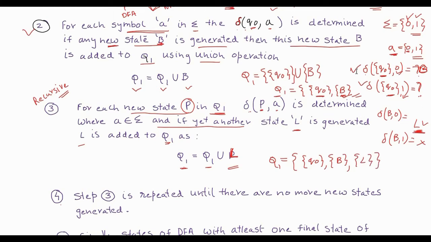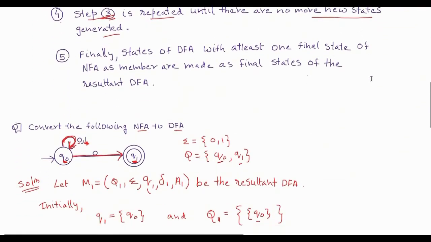So we have just found the transition on 0 and 1 for this state. Since this is a newly generated state, step 3 will be repeated again. Now we are going to find the transition of L on 0 and the transition of L on 1, and this will go on continuing. Step 3 is repeated until there are no more new states generated.